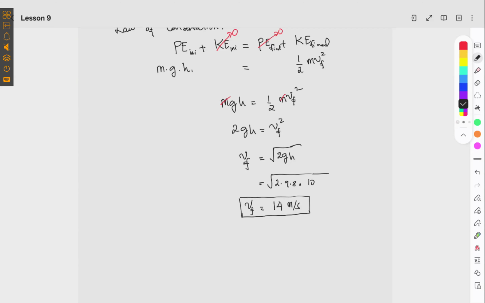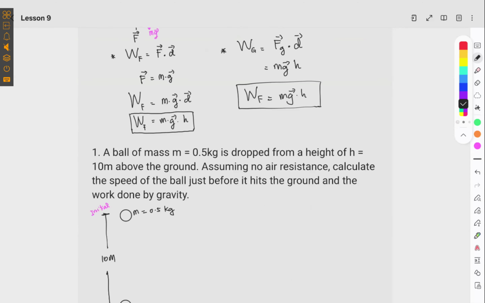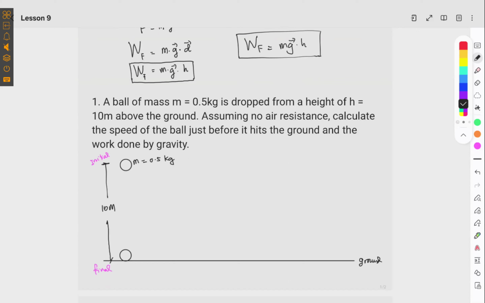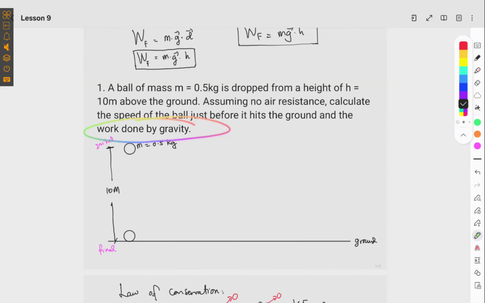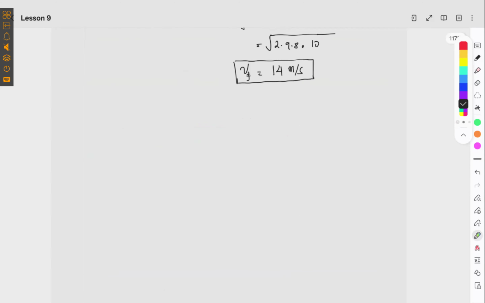Now, any question? But the question is, we want to find two things: the speed of the ball just before it hits the ground, and the work done by gravity.